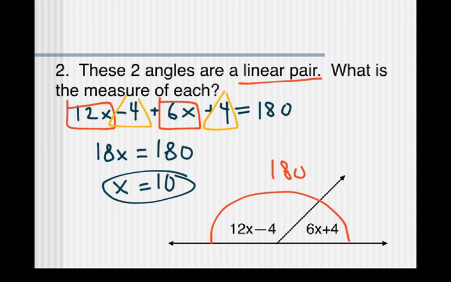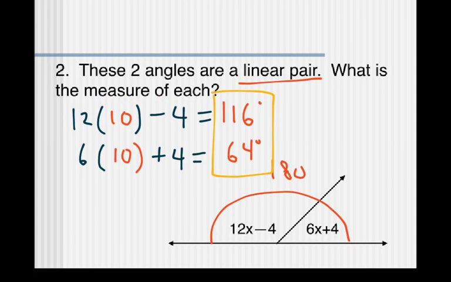In the end, you should have x equals 10, but don't forget to take that number and plug it back in to find the measure of each angle. Your final answers should be 116 and 64 degrees. And with a quick check, you can see that they really do add up to 180.